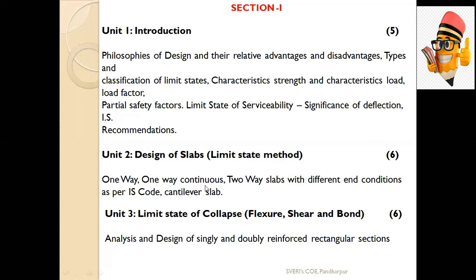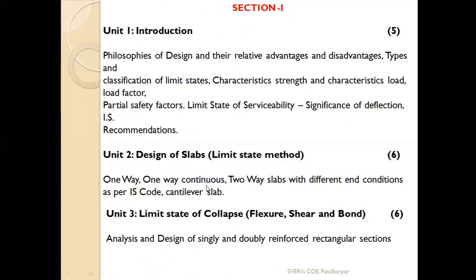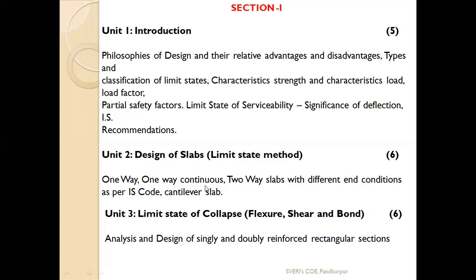So what does design of slab mean? Basically, in designing the slab, we will first assume a certain depth of the slab, because we don't know the depth initially. Later on, we will calculate the load acting on the slab. From that load, we will calculate the bending moment. After calculating the bending moment, we will cross-verify that the depth we assumed initially is sufficient to withstand this bending moment or not.